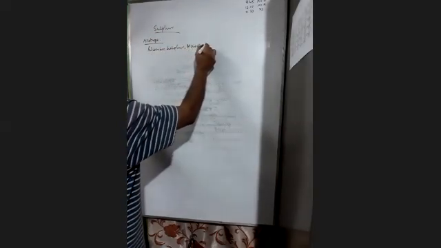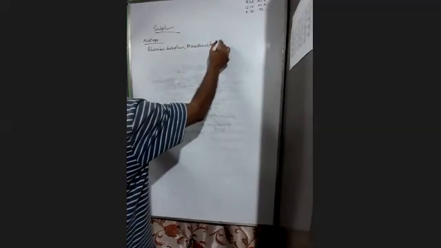You'll find here rhombic sulfur, monoclinic sulfur, plastic sulfur. This thing you please read from the book, and in the copy in which you are writing my class notes, please write there. Then it will be content.